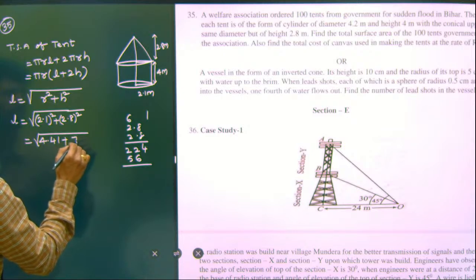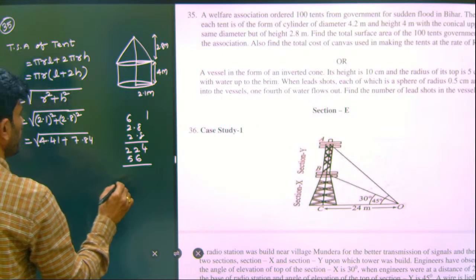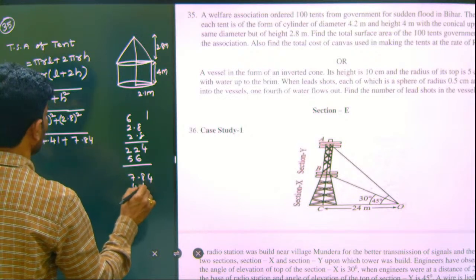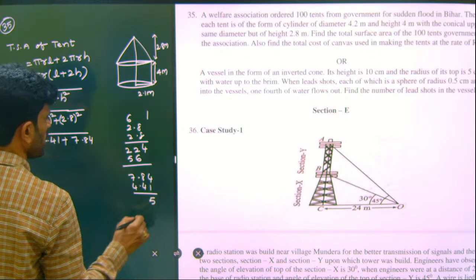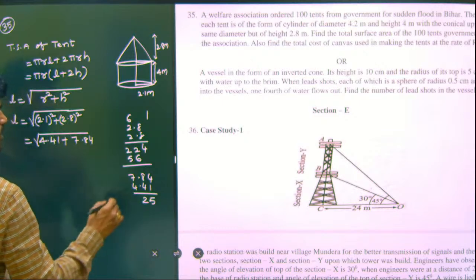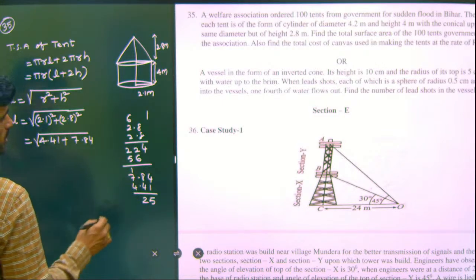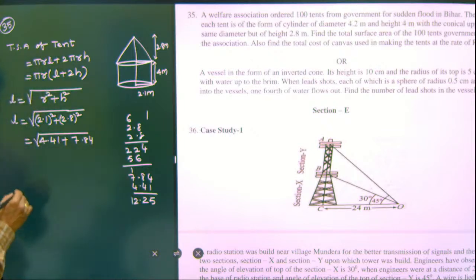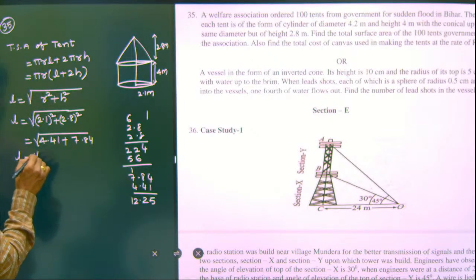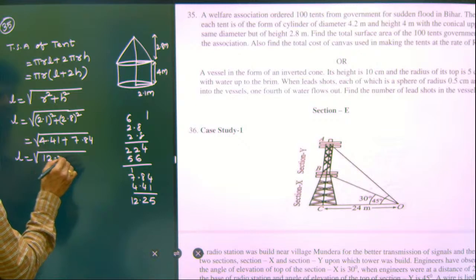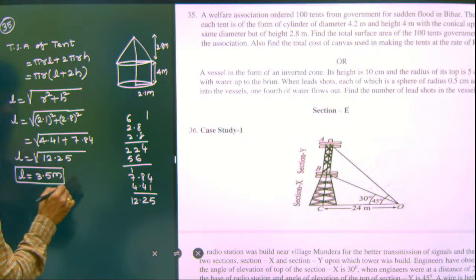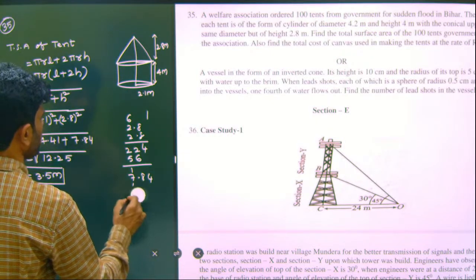So 7.84. When you add these two, 7.84 and 4.41, the result is 12.25. L is equal to root of 12.25, which is 3.5. Slant height is 3.5 meters.